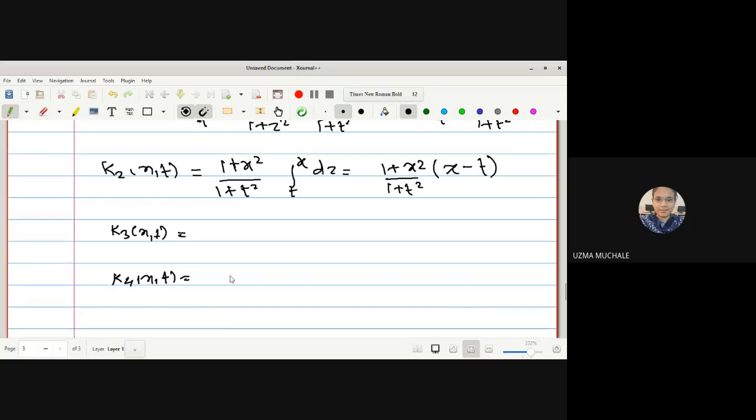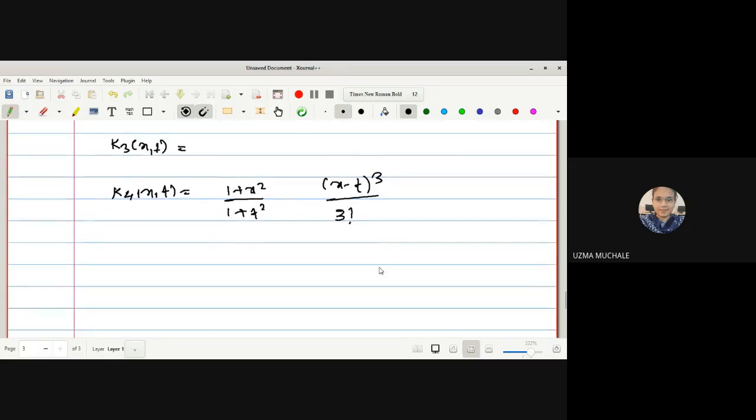Try to solve k4 of xt. And hence we can write the general formula for km of xt as (1 plus x square) upon (1 plus t square) into, for 4 we are getting 3, so (x minus t) raised to m minus 1, upon (m minus 1) factorial.